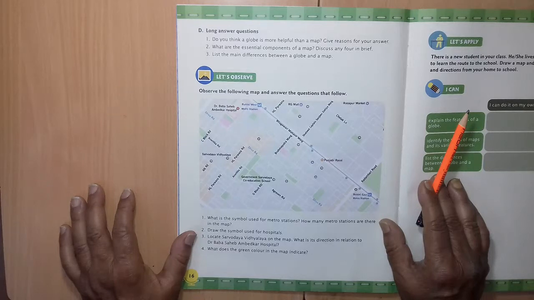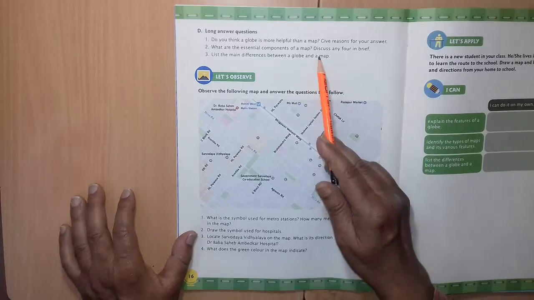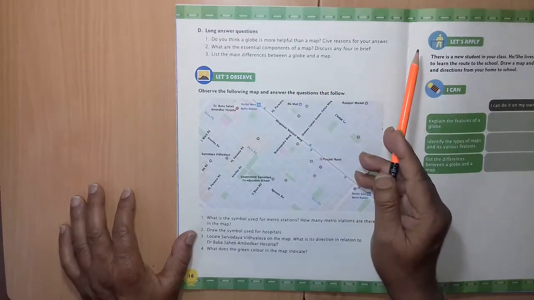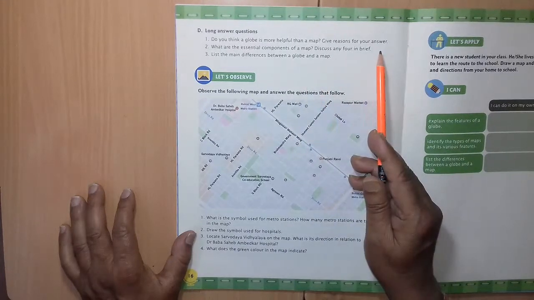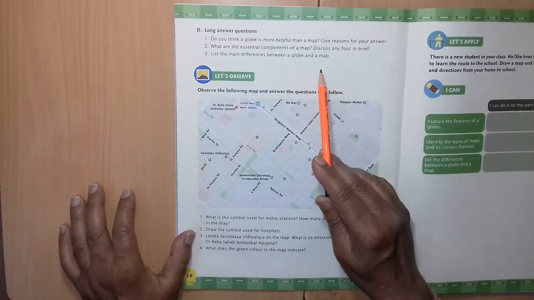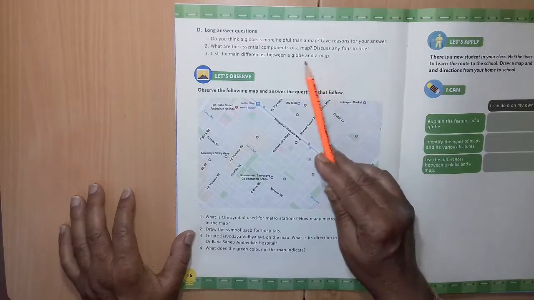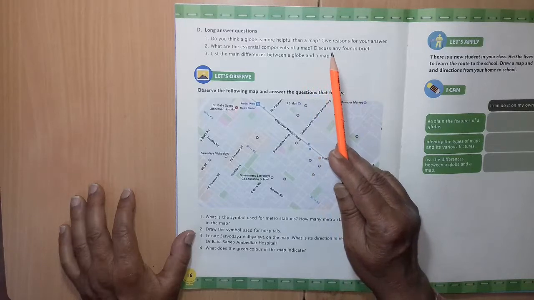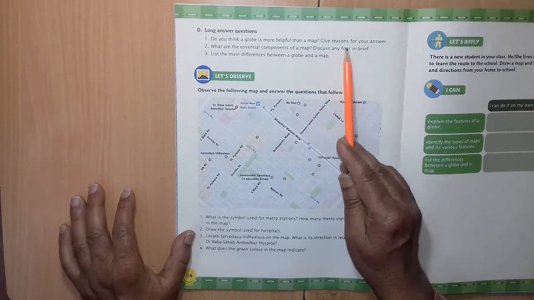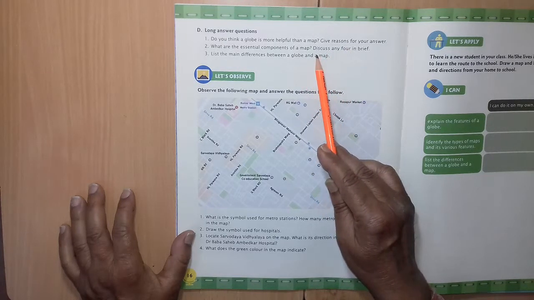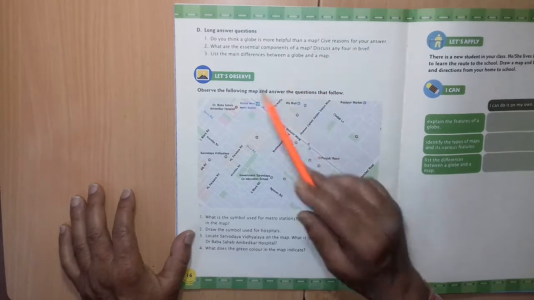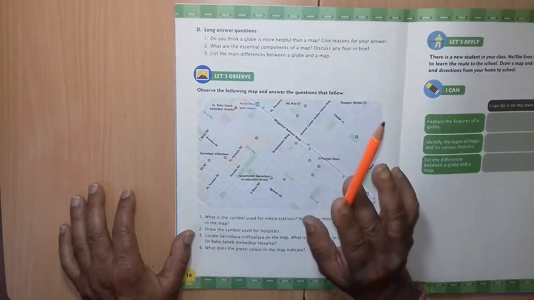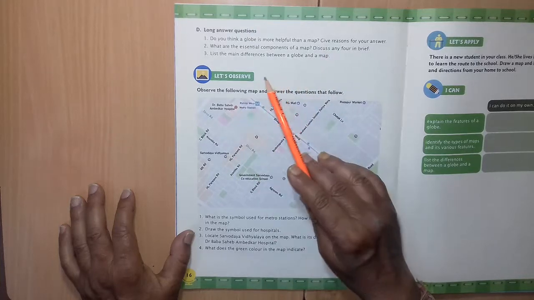It is very easy to carry from one place to another. Maps are also of many types: thematic map, political map, physical map, tourist map. So they are more useful than the globe. You can find the answer in the back pages also.